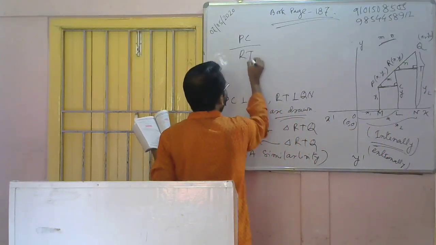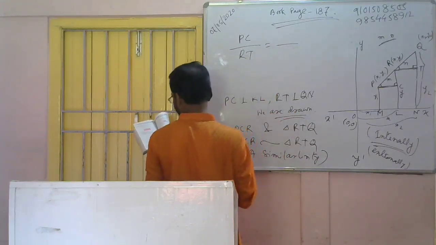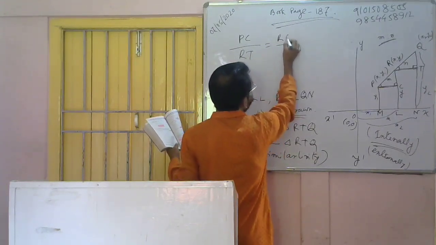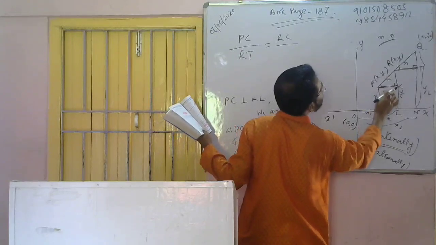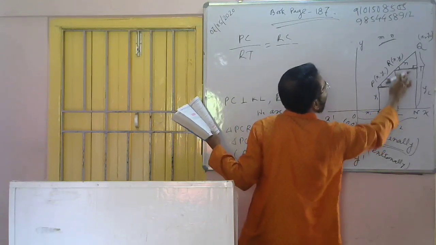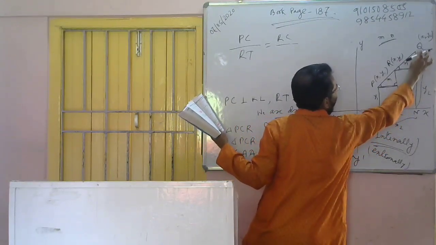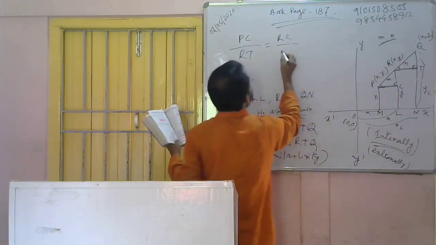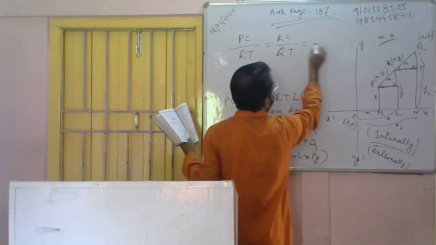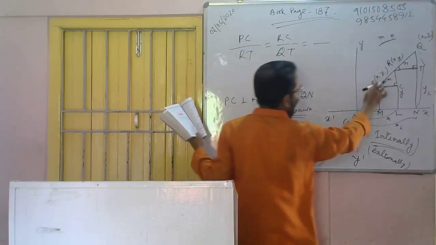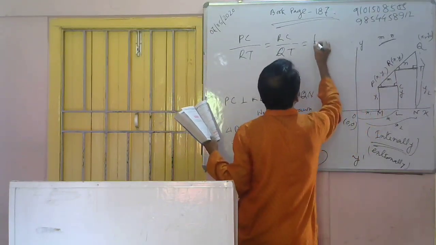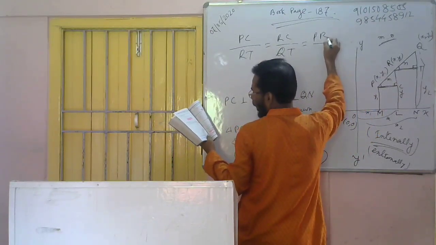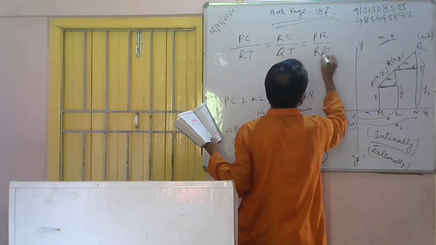So PC by RT will be RC by QT, and PR by RQ.